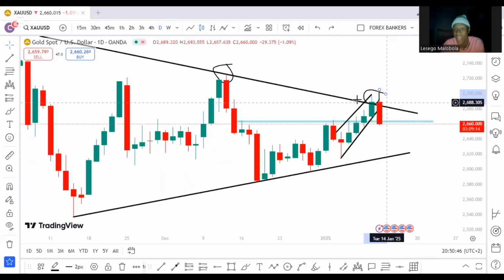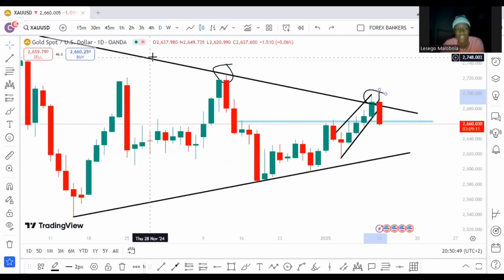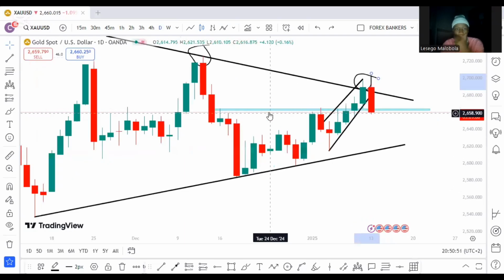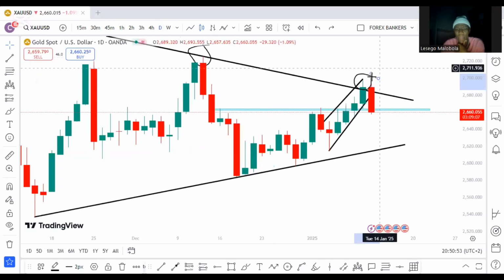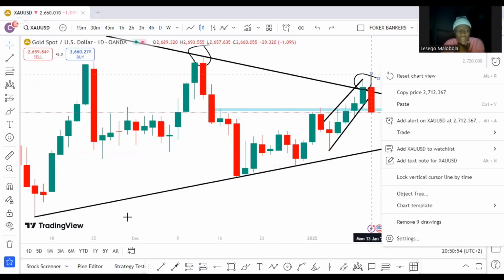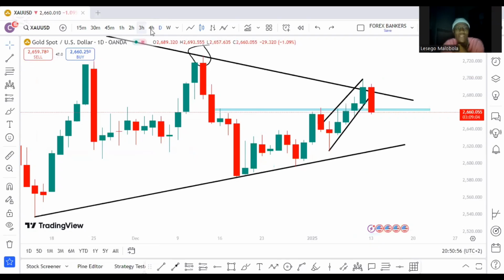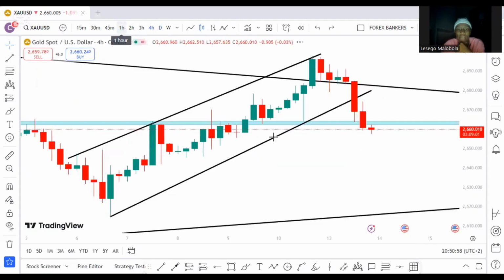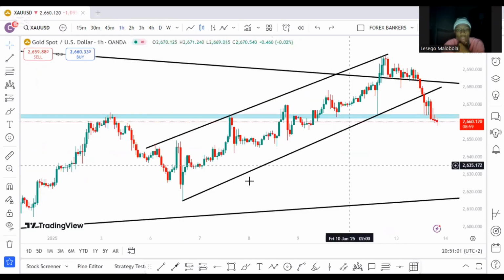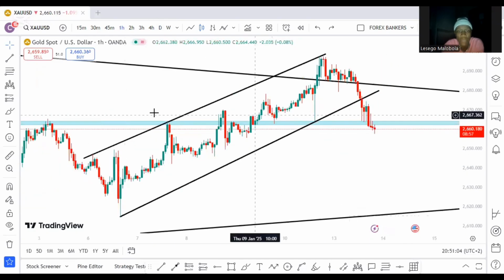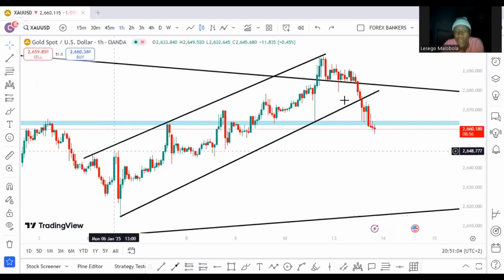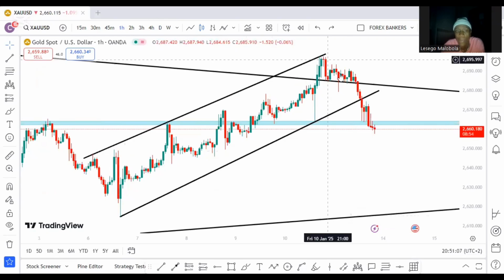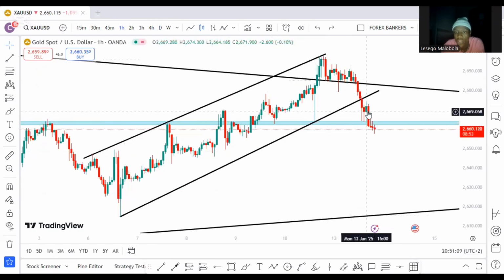But now you can see that we are about to close with a bearish engulfing candlestick, meaning price is respecting this resisting trend line. Seeing that, I was like, gold is actually gonna sell, because if I go to lower time frames like the 1 hour, we can see we had an uptrend going on and gold has now broken below this trend line.